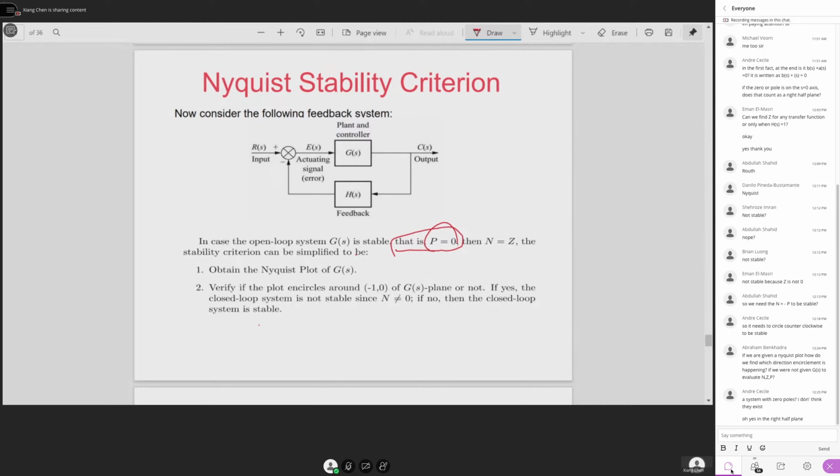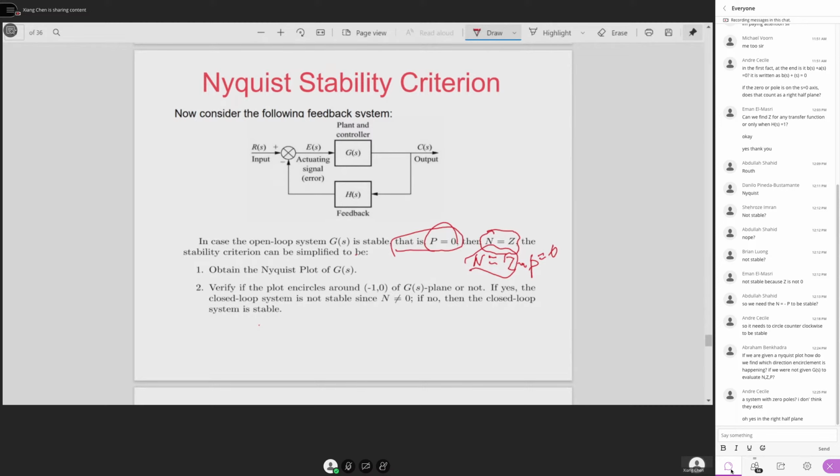Then based on the equation N equals Z minus P, remember? If P is 0, then you're always going to have N equal to Z.